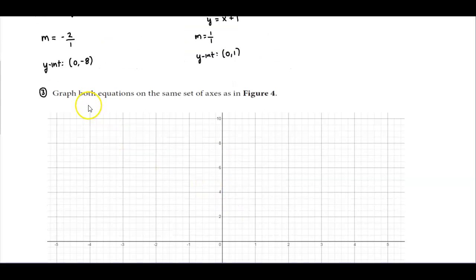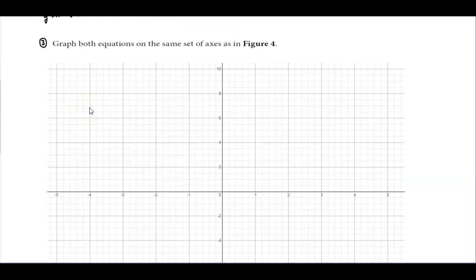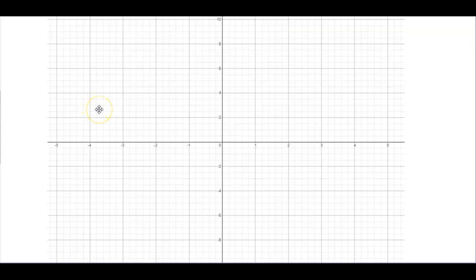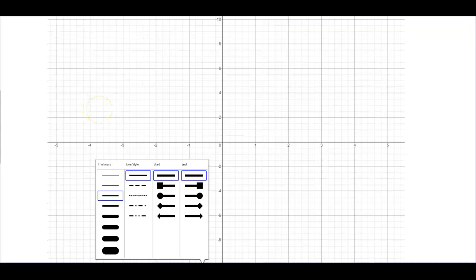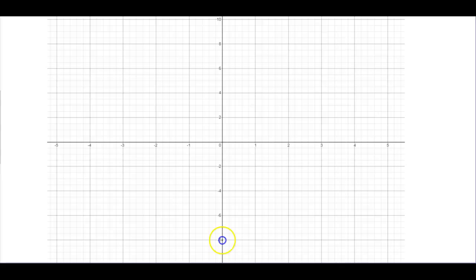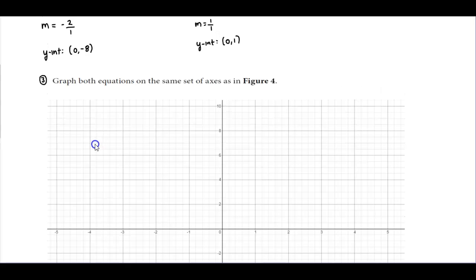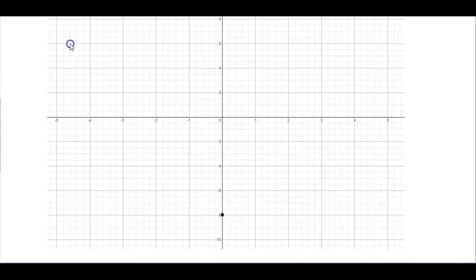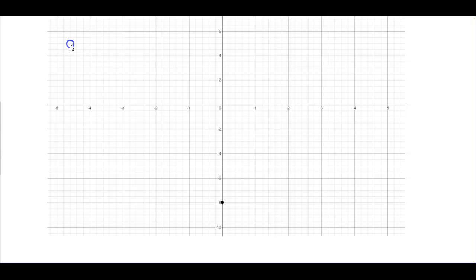So we have our y-intercept, which is (0, negative 8). And then our slope tells us to go down 2 and to the right 1. So we go down 2 and then to the right 1.